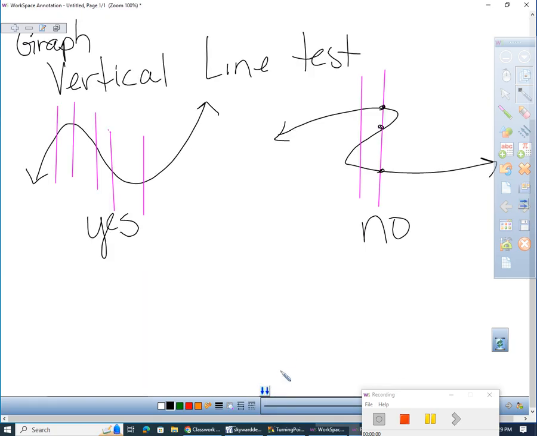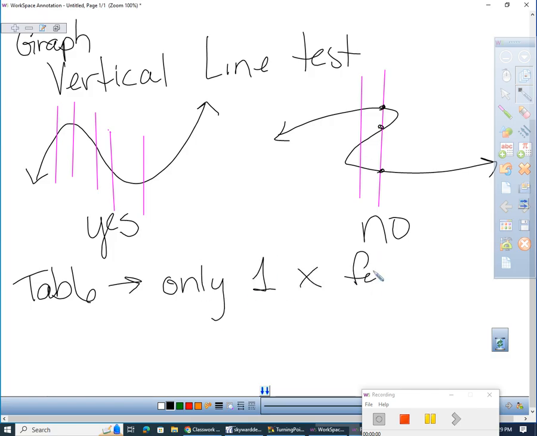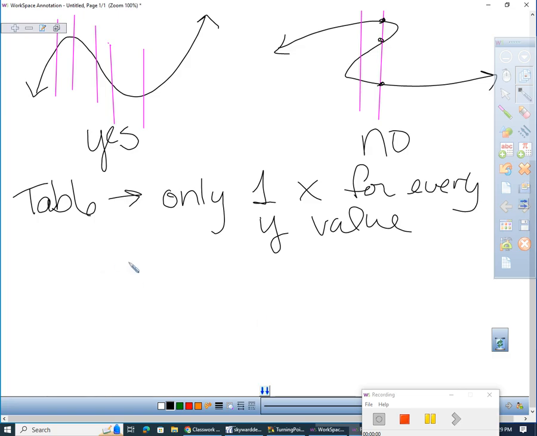So the other way we look at it is from the numbers. So let's say from a table. In a table, it is a function if only 1 x for every y value. So let's say I have it in a table.